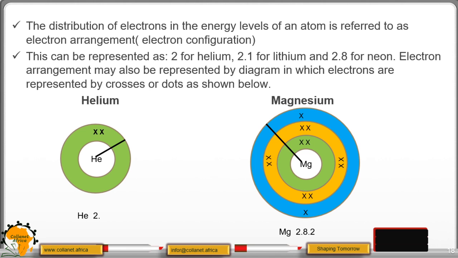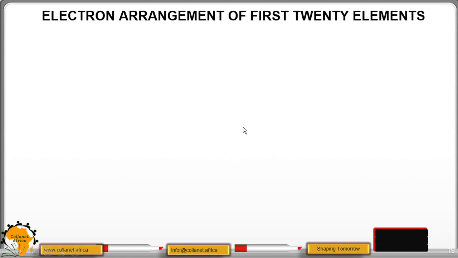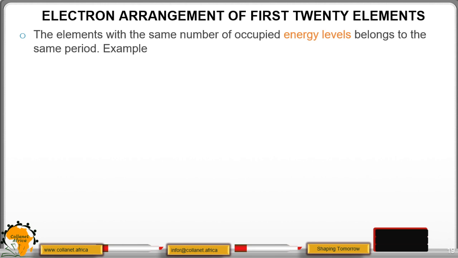That is the arrangement. You'll find that helium has a smaller atomic radius compared to magnesium, so the number of energy levels also increases the atomic radius of that element. For the electron arrangement of the first 20 elements, elements with the same number of occupied energy levels belong to the same period.